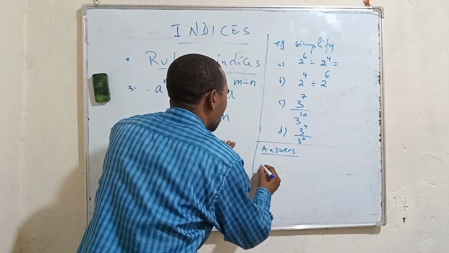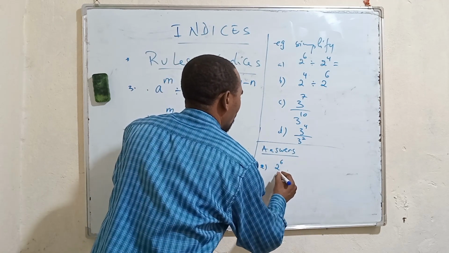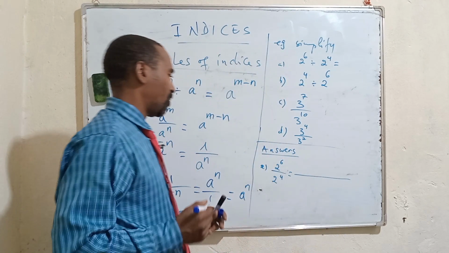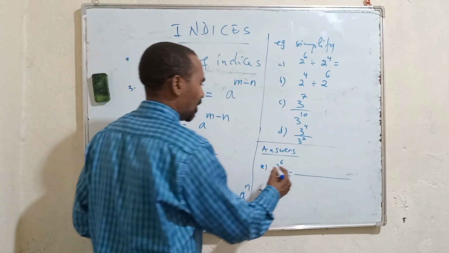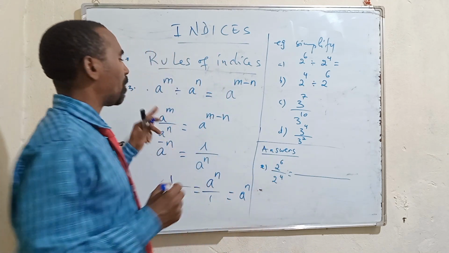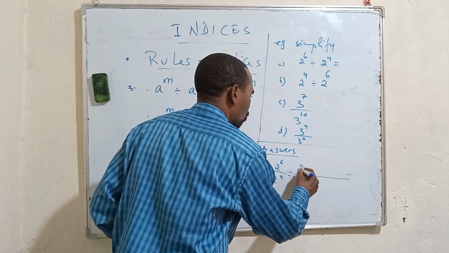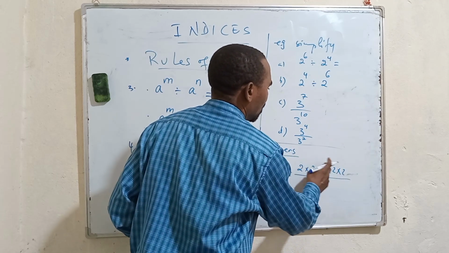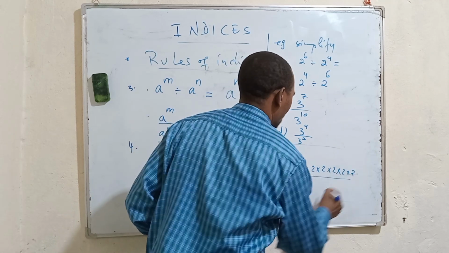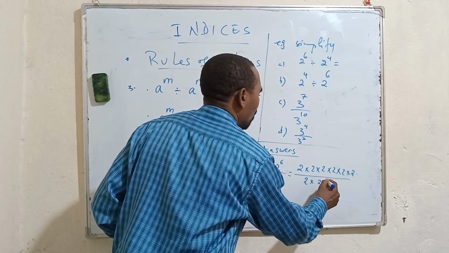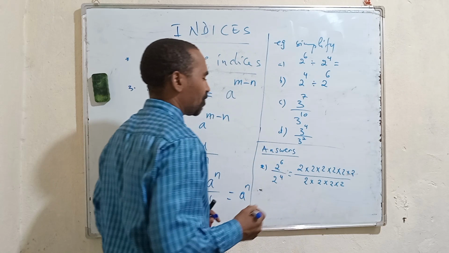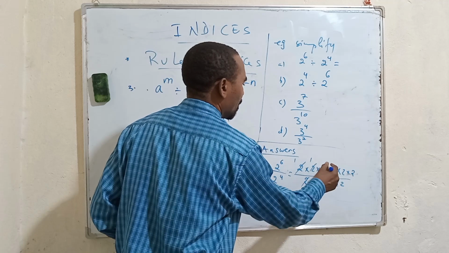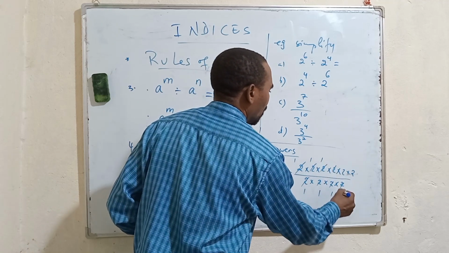If I have 2 power 6 over 2 power 4, there are people who prefer to develop and simplify. 2 power 6, using the first property we studied, is 2 times 2 times 2 times 2 times 2 times 2, 6 times, and 2 power 4 is 2 times 2 times 2 times 2, 4 times. You simplify, and the matching factors become 1.